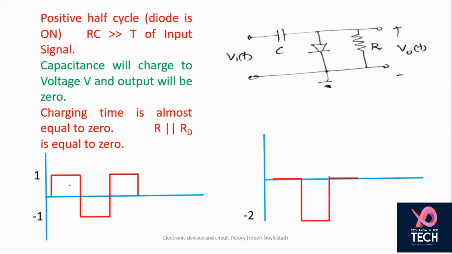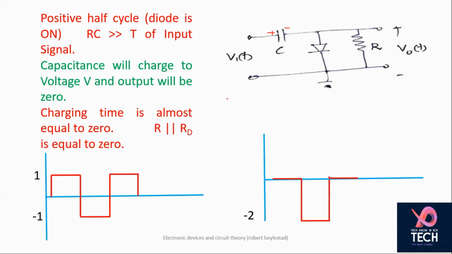When you apply the positive input, the capacitance will be charged like this, and the diode is shorted, so no voltage is there and we get 0 volts here.